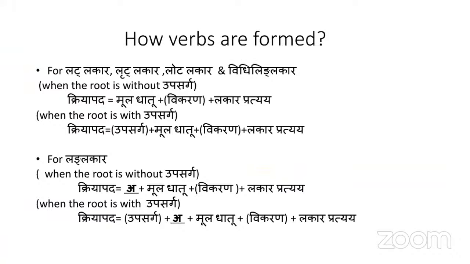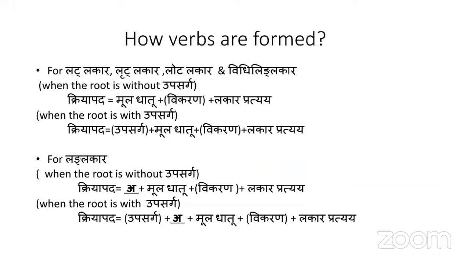Okay. Now see, for lat lakar, lot lakar, and vidhi ling lakar, when the root is without upasarga, just now I have told you what the upasargas are and how they are added to the root, right? So when the root is without upasarga, means only root is there, like pathati, dhavati.